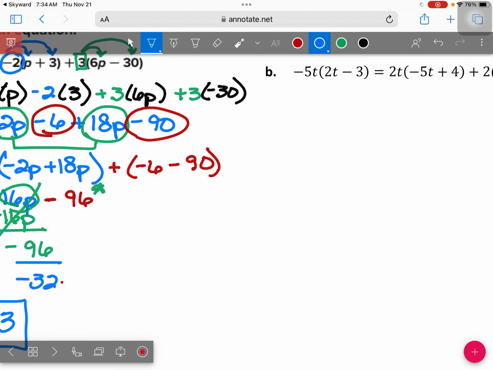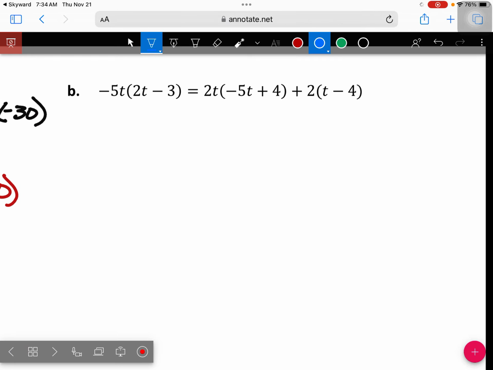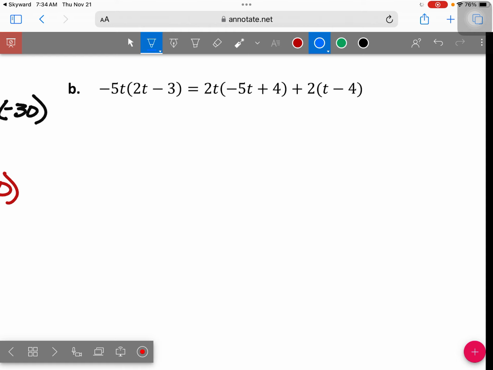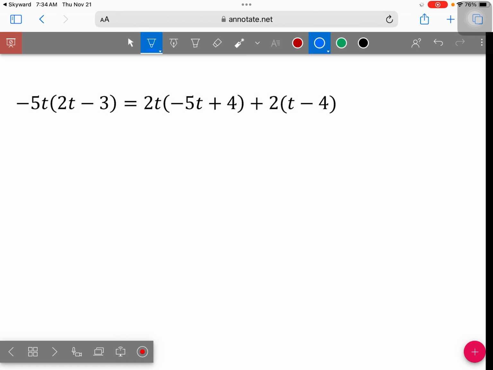All right, let's go to letter B then. Okay? So this time we have an extra little something over here on the left. They have us even distributing on the left. Okay? So here we go. We need to distribute this with everything on the inside.